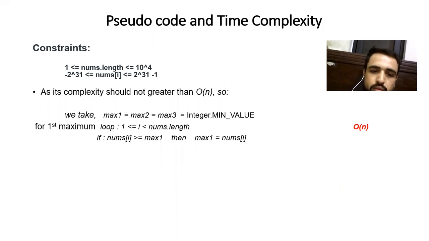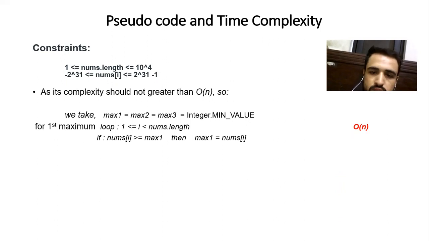That way we don't miss any value that comes at the first index and is the highest value. That's why we initialize with Integer.MIN_VALUE.